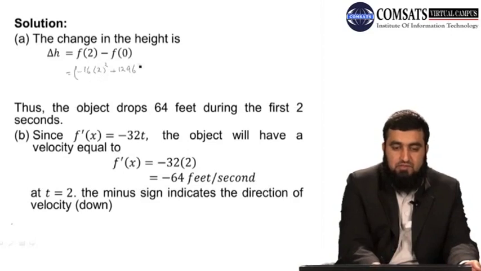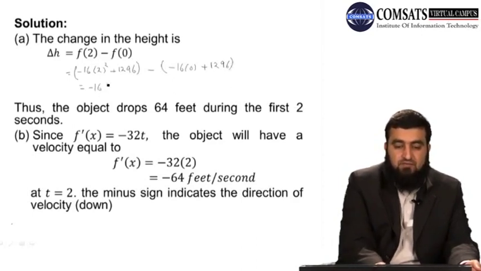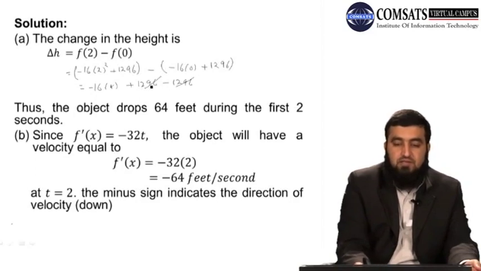This is your f of 2 minus your f of 0, which is minus 16 times 0 plus 1296। तो ये बराबर होगा minus 16 into 4 plus 1296 minus 1296 के। So these two will cancel out and you will get minus 64 feet.